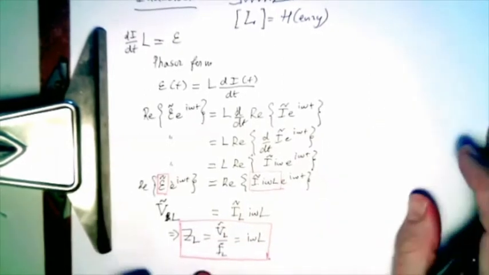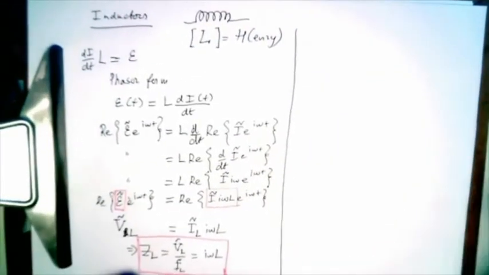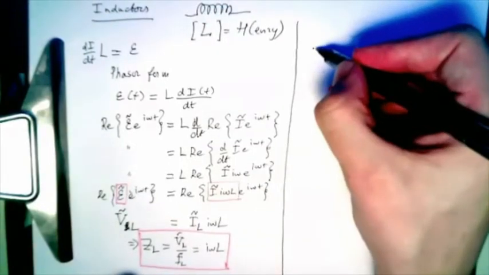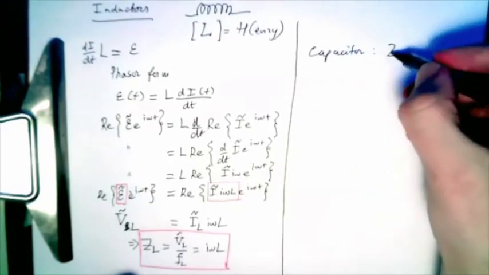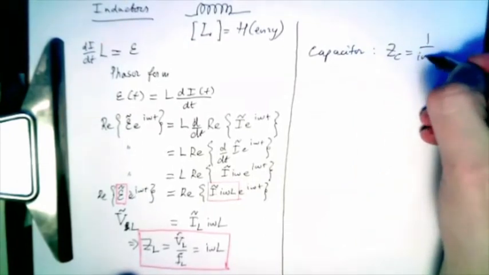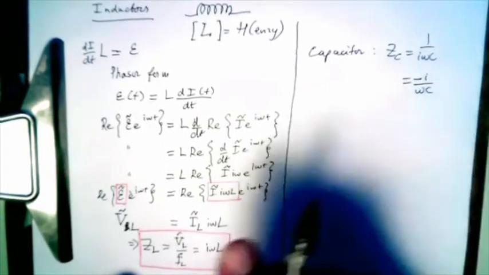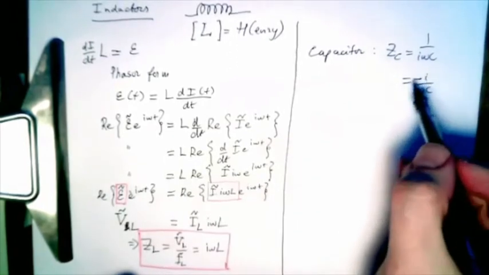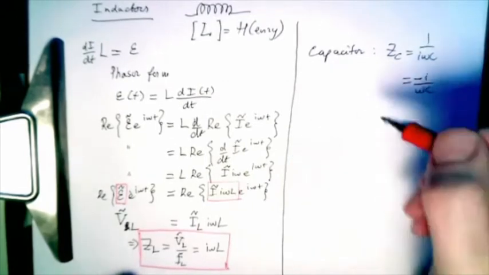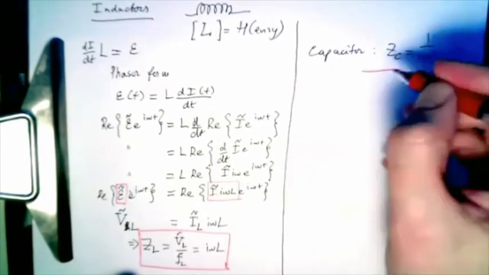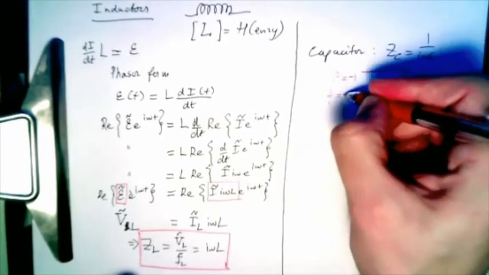And now we have the basic building blocks. We have the capacitor: Z of C is 1 over i omega C. It is minus i over omega C if you bring the i over to the top, but people usually get tired of writing the minuses, so it's important to realize that there's a minus here. Let me remind you that because i squared is minus 1, 1 over i is minus i.